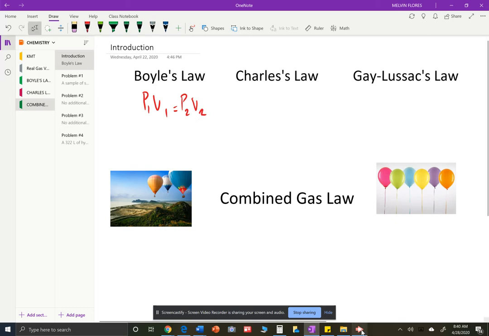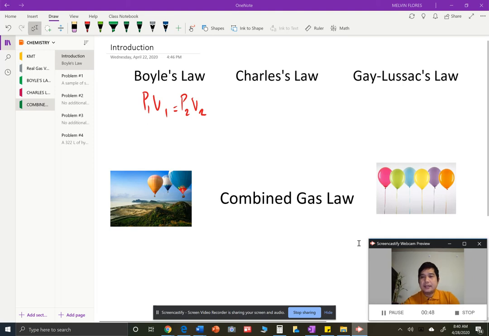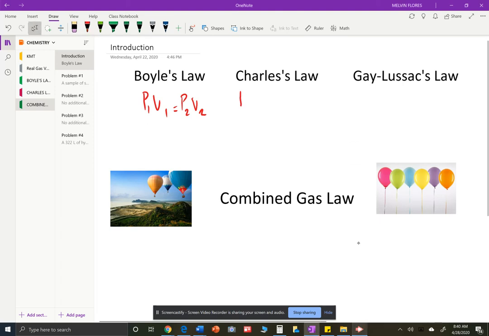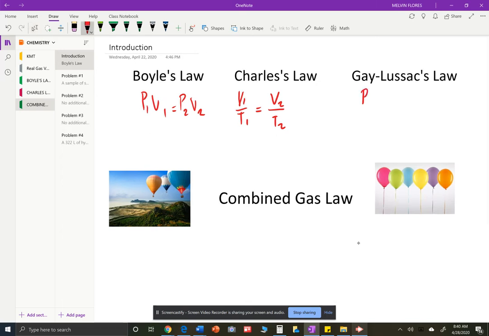And for Charles' law, we can state that as V1 over T1 equals V2 over T2. And for Gay-Lussac's law, we have P1 over T1 equals P2 over T2.